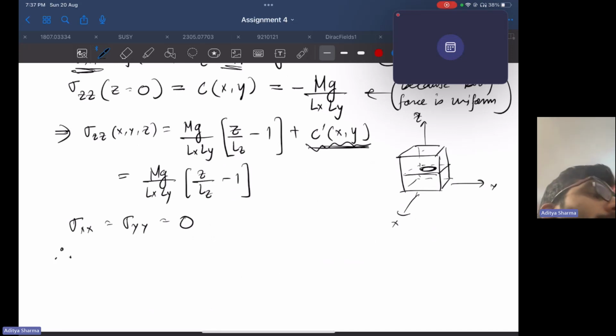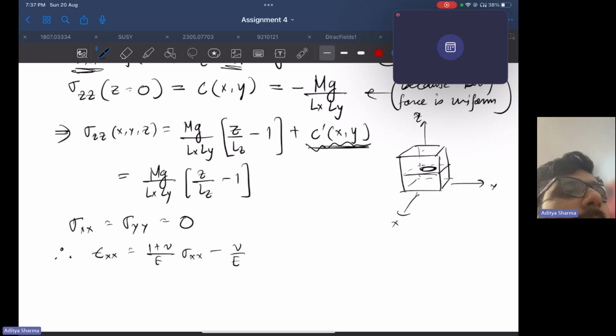Therefore, now we can find epsilon xx is equal to (1 plus ν)/E σxx minus ν/E σ. Now the non-zero component is just σzz. That implies this is also zero because this is zero.